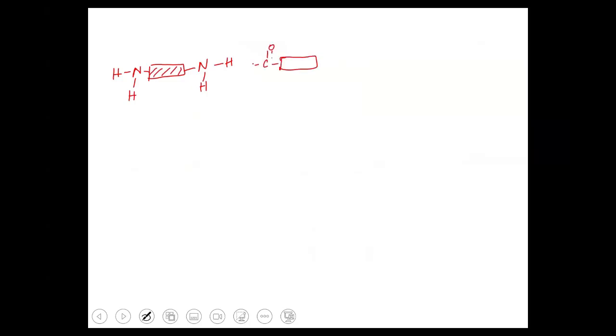So for exam, if you consider that you had a diamine as a monomer, and the other functional group is dioic, the other monomer is dioic.